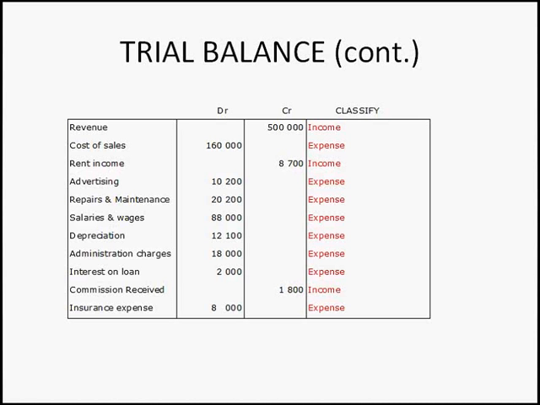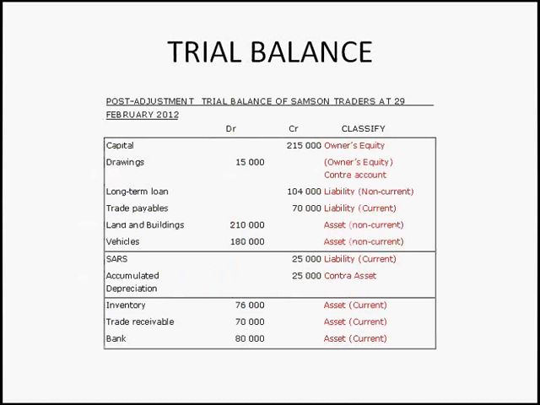So all of these items that you see on this slide, from revenue right down to insurance expenses, will all appear in my income statement, and all of these items that I did in the previous slide, from capital right through to bank at the bottom, will go to the balance sheet because they're all owner's equity, liabilities or assets.